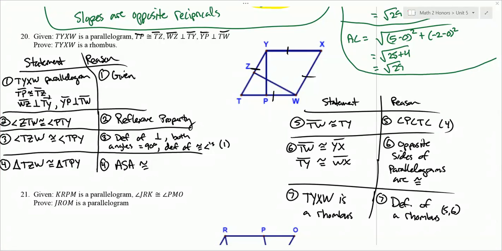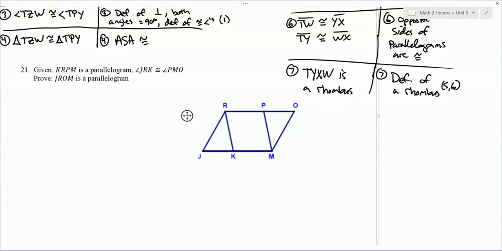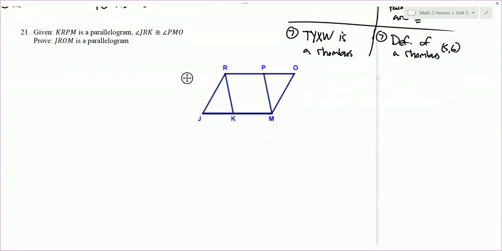On to our last problem, number 21. Given KRPM is a parallelogram and angle JRK right here is congruent to angle PMO right here, prove that JROM is a parallelogram. So a statement-reason table again.